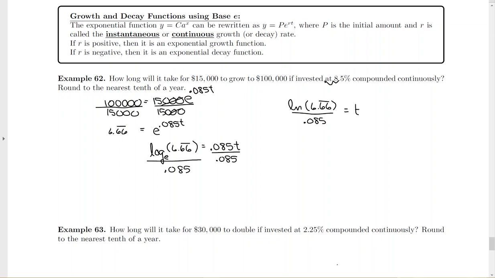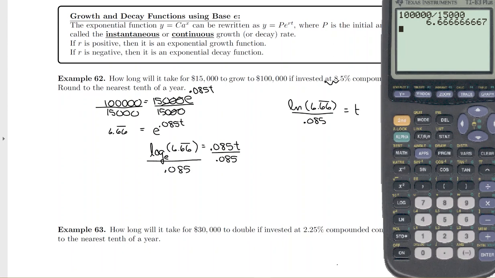All right, now go to your calculator, and here's a quick thing to do. Natural log of, now you could type in 6 point and then run sixes all the way across, or you just want the answer from above. So if I do second and then the negate key, it's going to put the word answer there. So it's going to take that answer and do a cut and paste.